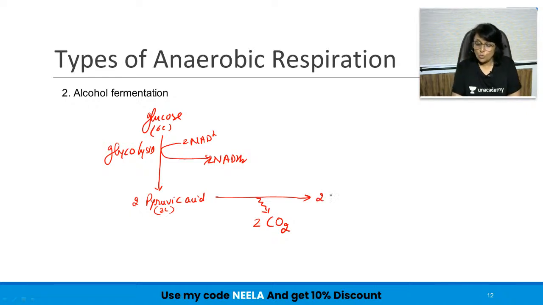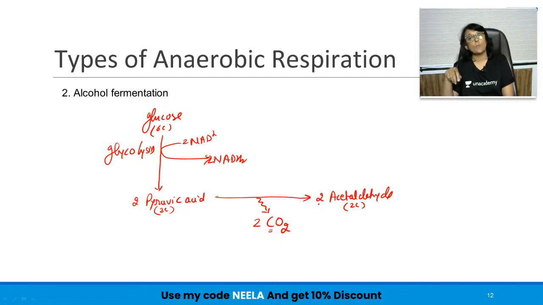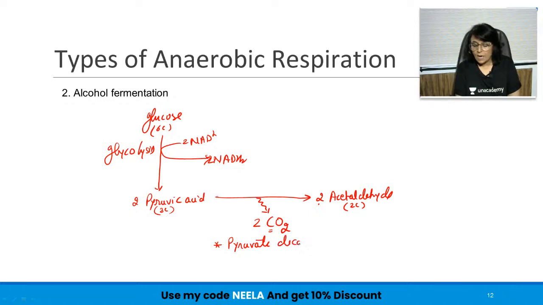So we will get 2 molecules of acetaldehyde. This is a 2-carbon compound. So 2 carbon, 2 molecule, 4. These 2 carbons are lost in the form of carbon dioxide. The enzyme which is here is called pyruvate decarboxylase.